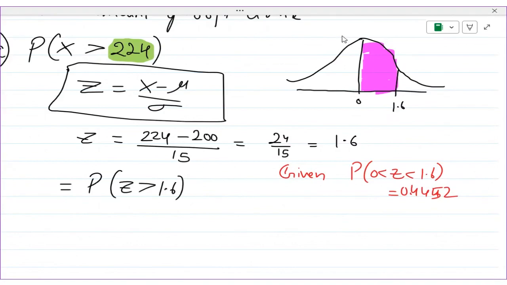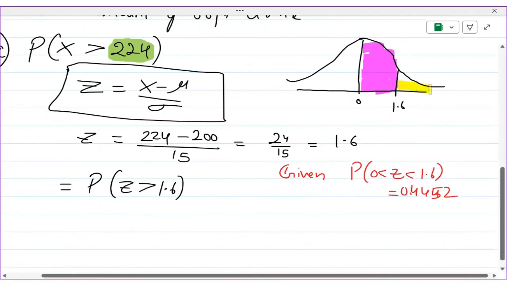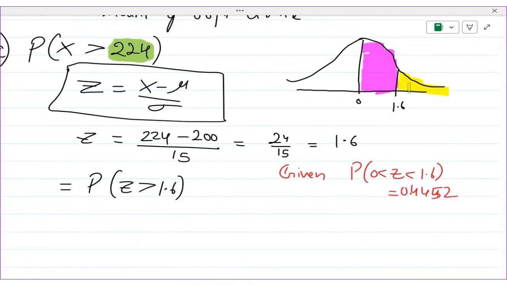We are given this pink color probability, and we have to find the probability greater than 1.6, this yellow color. Here we use our logic: the total probability is 1, but because it is symmetric about the center, the right side, yellow plus pink, is 0.5.